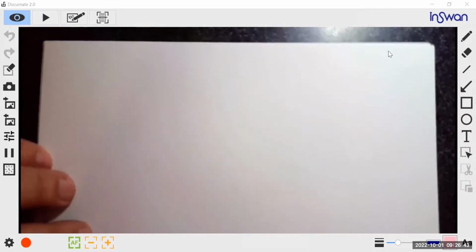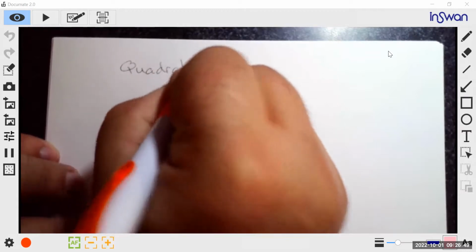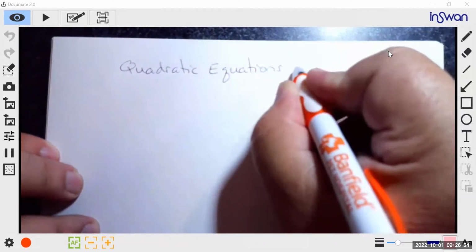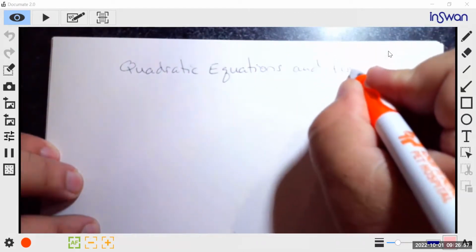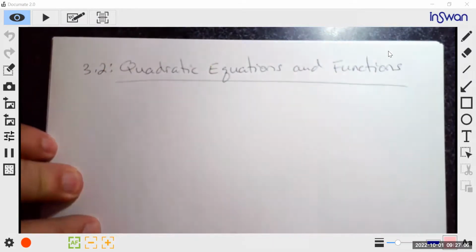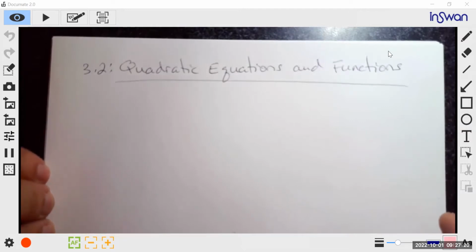Let's look at quadratic equations and functions. This is section 3.2. What exactly is a quadratic equation?